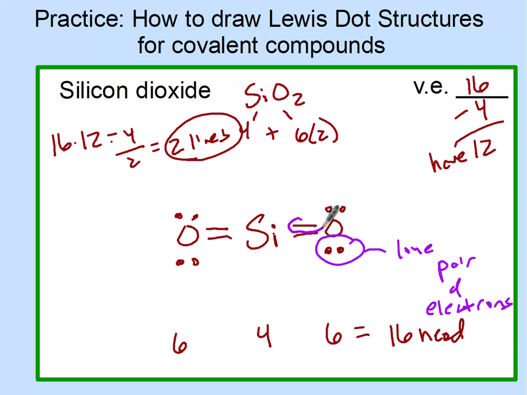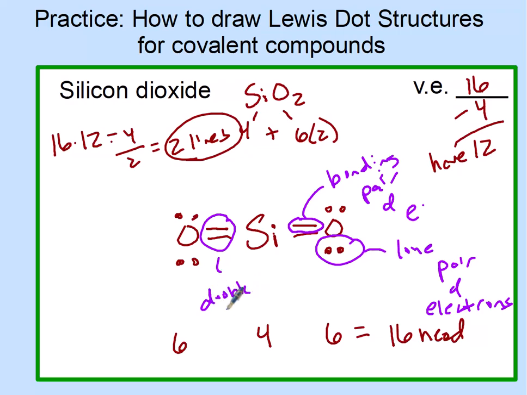Every line that we draw is a bonding pair of electrons. And in this case, we have 2 lines, so this is what we refer to as a double bond. The most you can have is a triple bond.